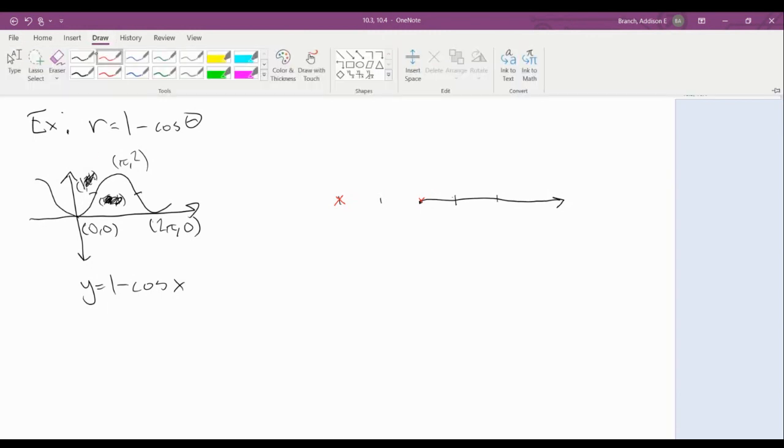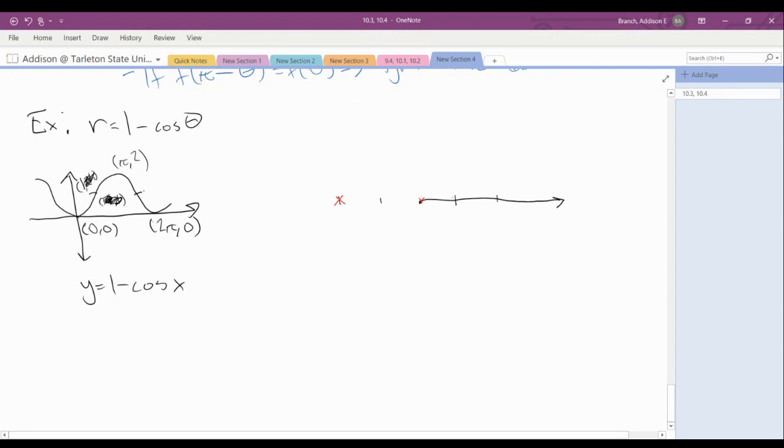Okay, now I remember what I was going to tell you. So right here, if we look, we know that at values like pi/2 and 3 pi/2, we're going to get cosine of pi/2 and such is going to be 0. So therefore right here we're going to get 3 pi/2, 1, and then pi/2, 1 as well.